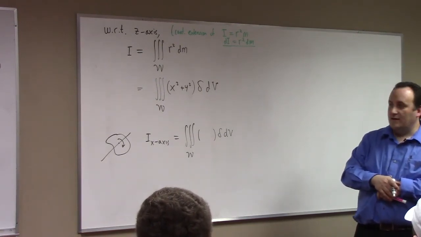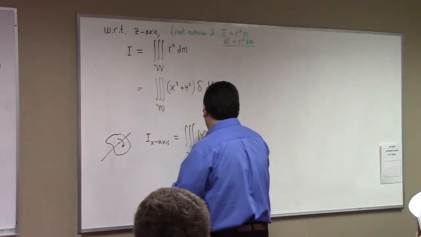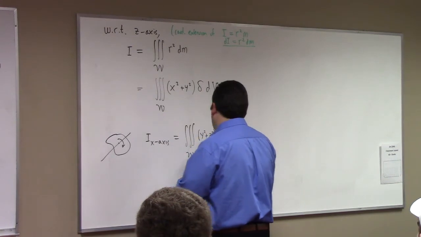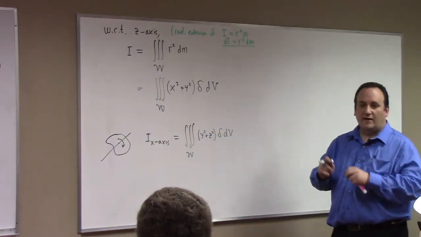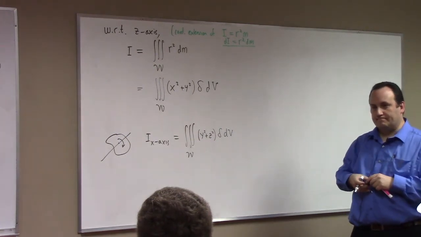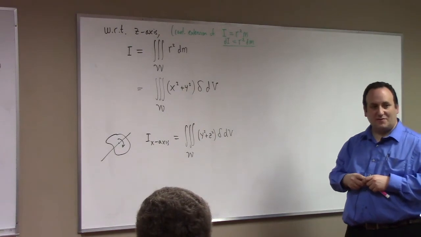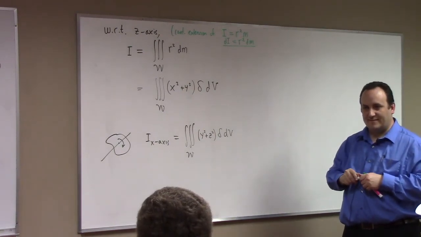Not the same thing, no. y squared plus z squared, we have a winner. Yes, it's whatever variables are not the axis variables, because those tell you how far the little bit of mass is from the rotational axis. So it's still r squared, but r is not the same r.